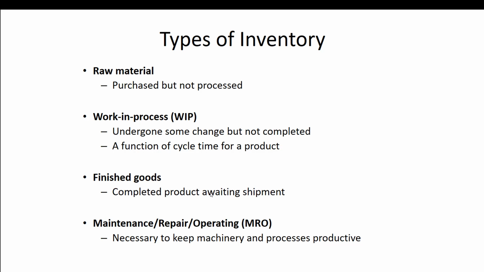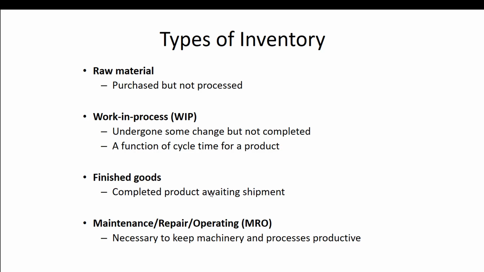So raw material is cheap. Work in progress is not yet ready to sell, but we're doing something with it to prepare it for sale. And then we get finished goods, often called FG, and this is the product awaiting shipment, awaiting purchase. This is the fully baked loaf of bread on the shelf, ready to go.